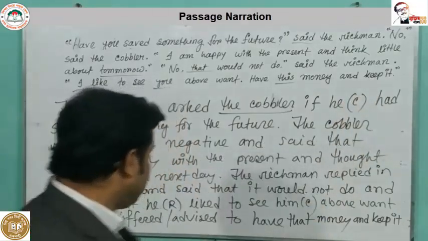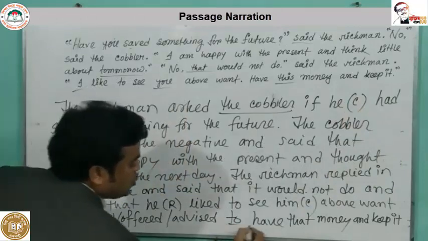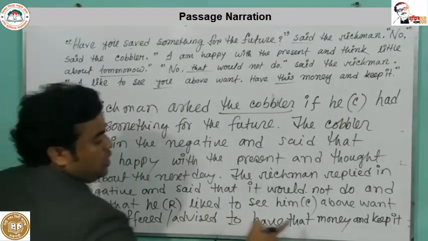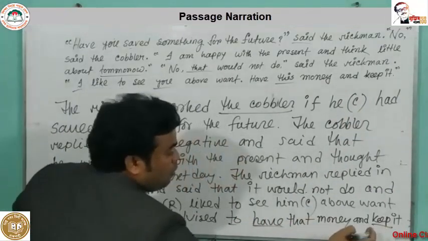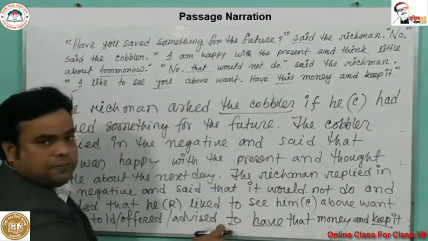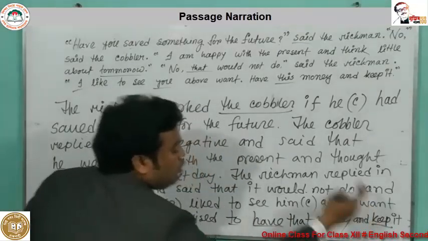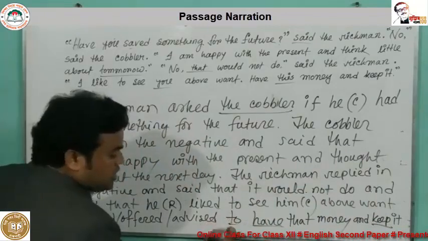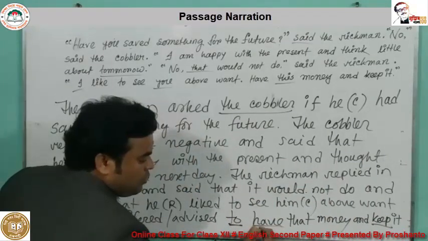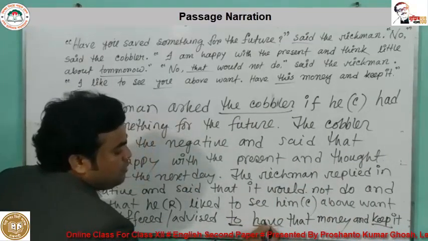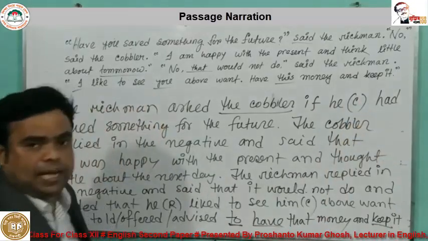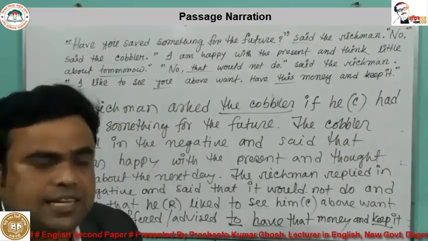No, never, because this is to plus V1. This verb will be followed by this verb, because here is the use of to plus V1, to have, and that's why to keep, not kept. Hope you understand, dear learners.